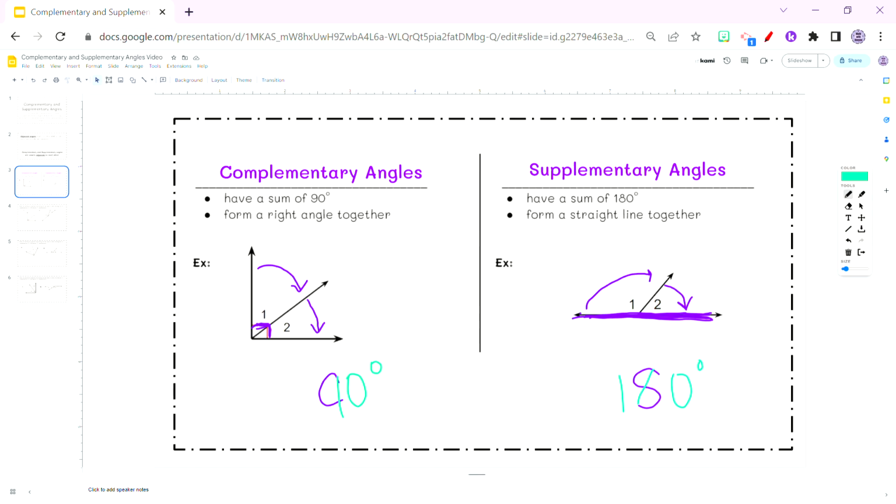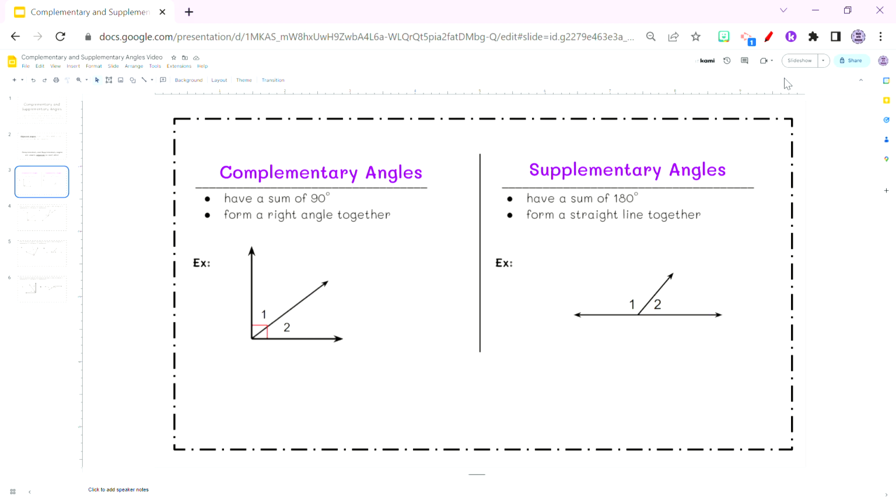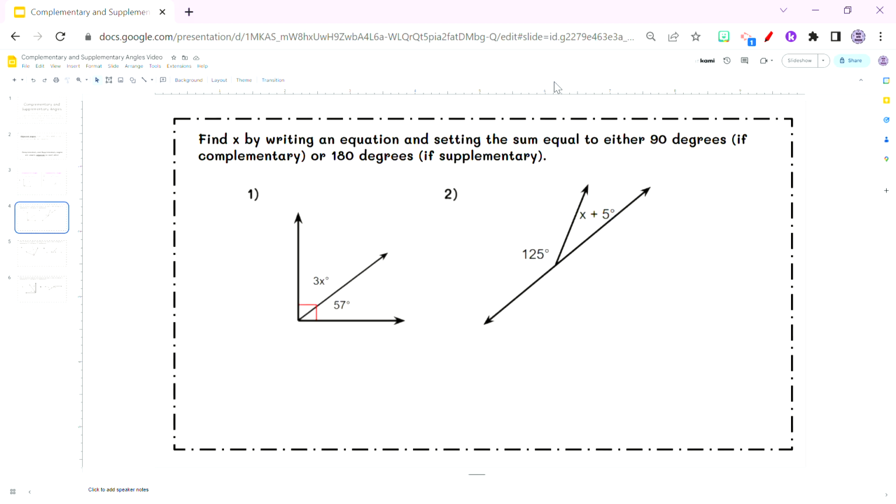Another way that you can remember this is that C comes before S in the alphabet, and 90 comes before 180 on a number line. All right, so that's just a couple of little tricks and tips to help you remember complementary and supplementary angles. All right, so let's see a couple of examples.